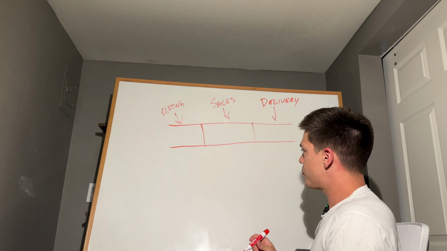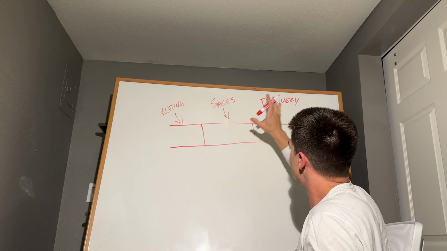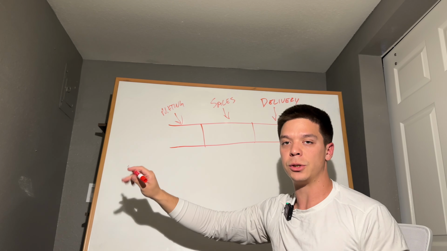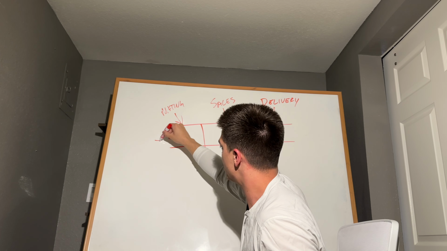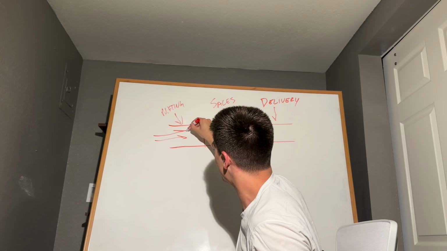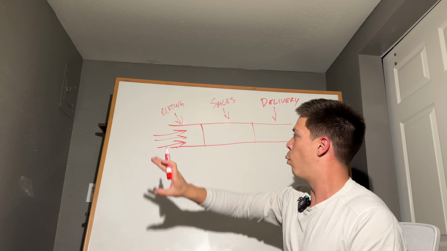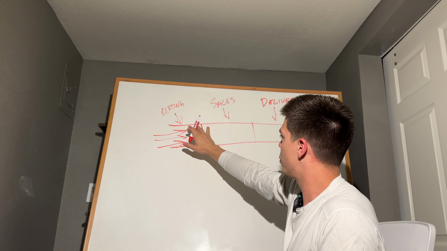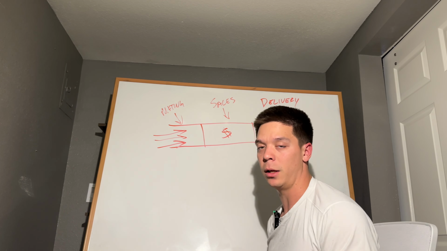Think about your business as each of these three will have a constraint, okay? We want to fill up the top of the pipeline with as much traffic as we possibly can. Once we get as much traffic coming through the pipeline as possible, then it is about converting those people into money, okay?